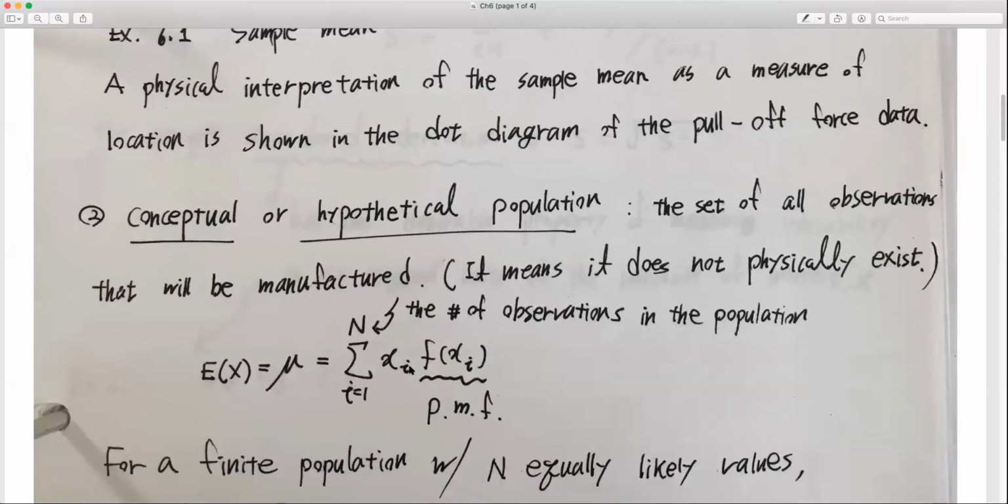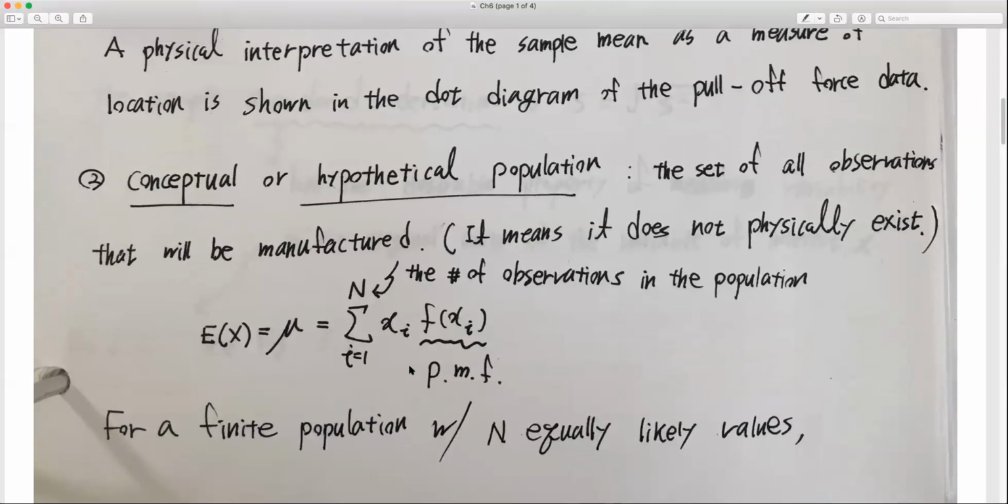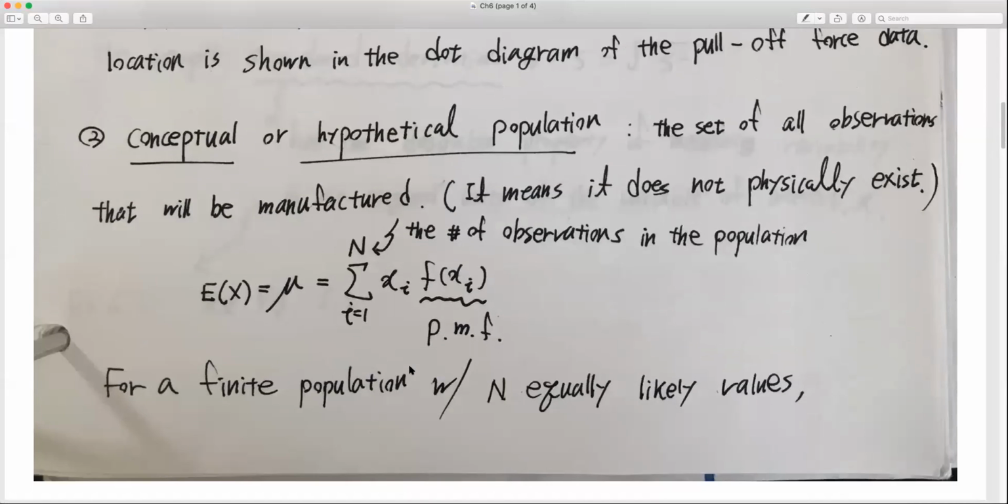Now, the conceptual or hypothetical population. The set of all observations that will be manufactured does not physically exist.